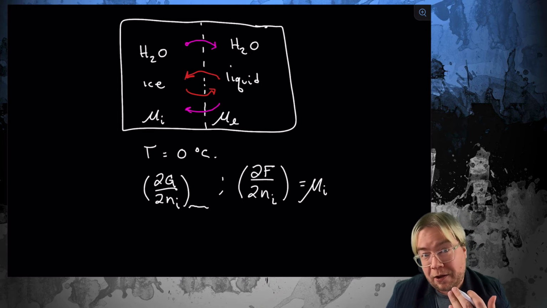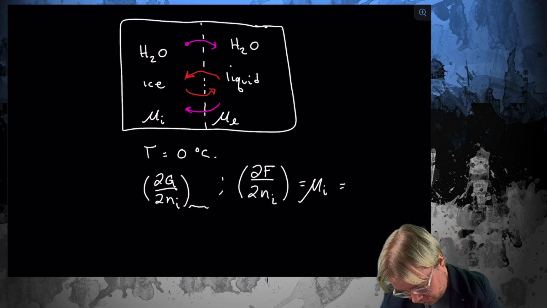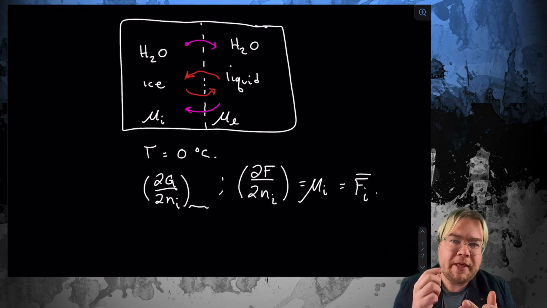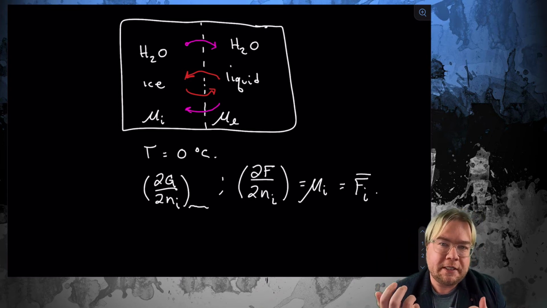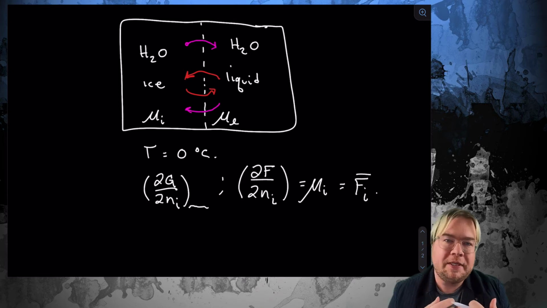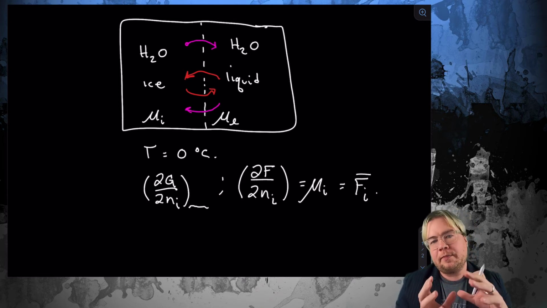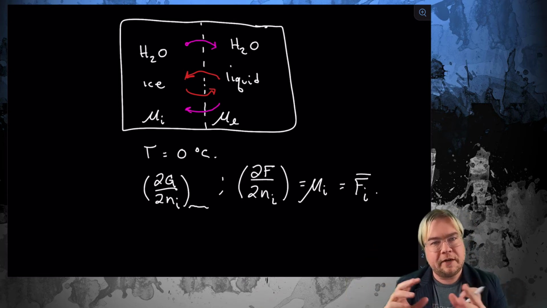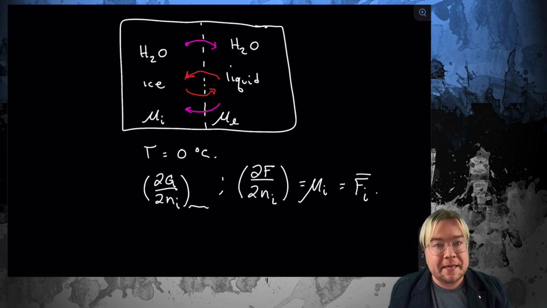And it is also going to be equal to the molar free energy of the ice. So remember that chemical potential and molar free energies have the same expression, but we tend to use chemical potentials when we talk about something moving from one state to another state and vice versa. But they're the same thing.